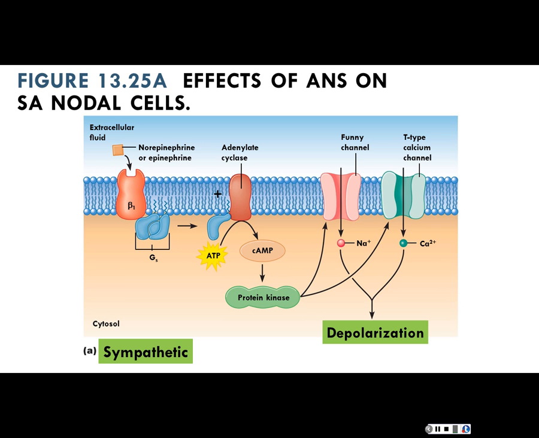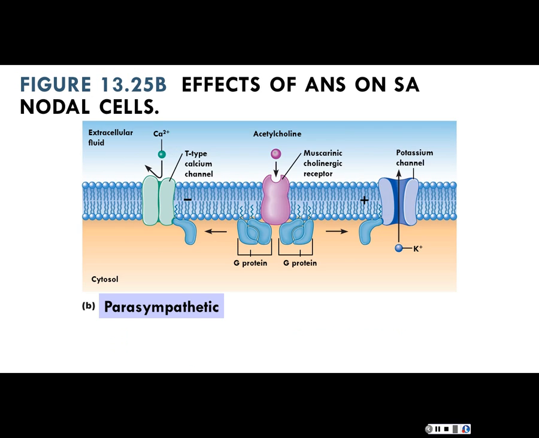So this is at the SA node, right? We allow it to depolarize more quickly under the influence of epinephrine. What about the parasympathetic nervous system? So not norepinephrine, but we'll see which neurotransmitter. Acetylcholine from the vagus nerve, parasympathetic nervous system, will cause these cells to do what?